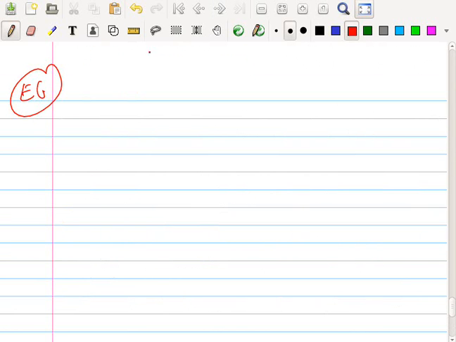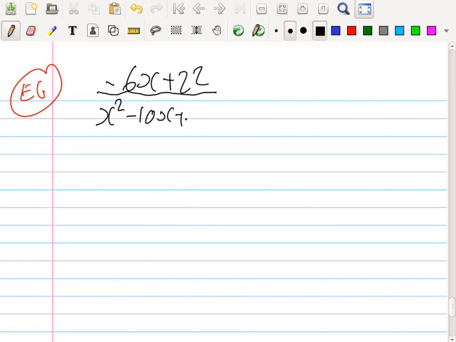Example. Minus 6x plus 22 all over x squared minus 10x plus 25. Minus 6x plus 22 all over, and here is the problem.